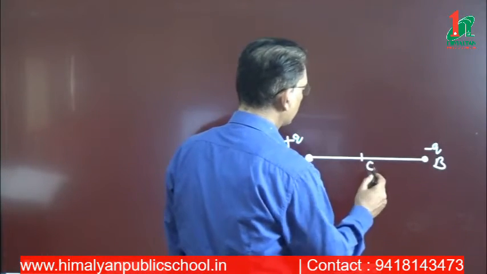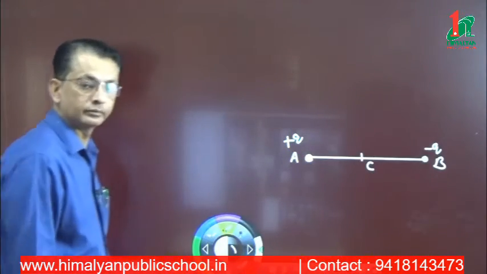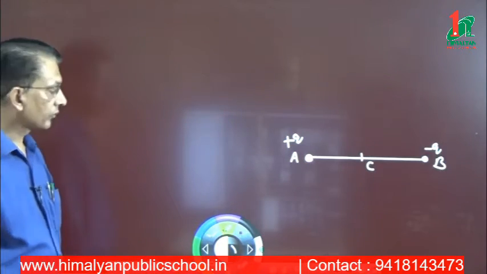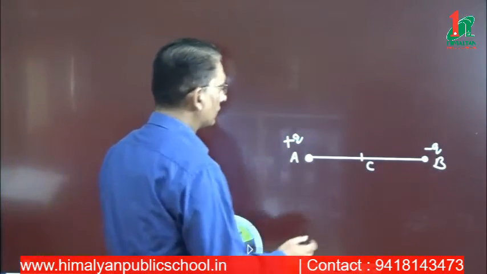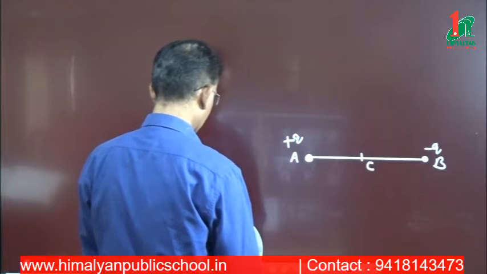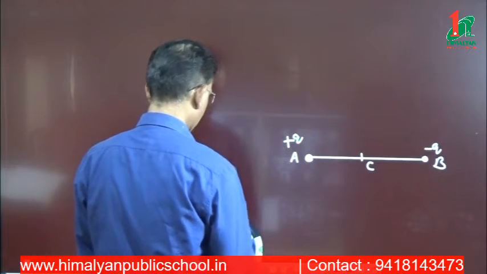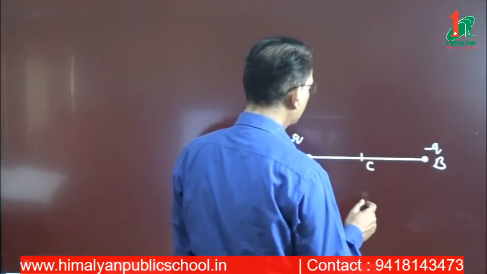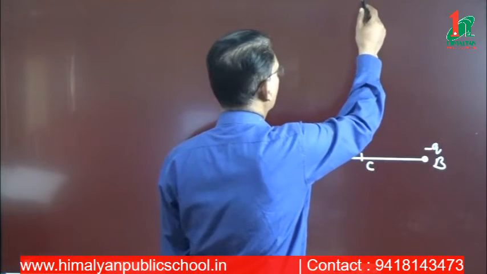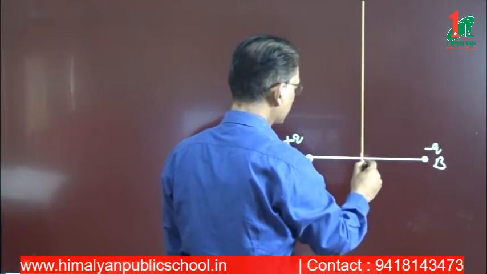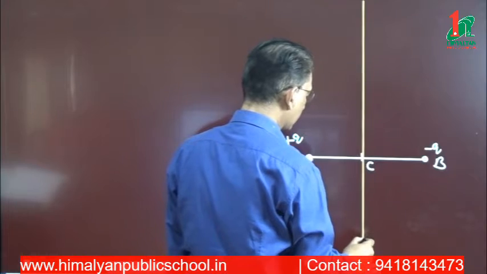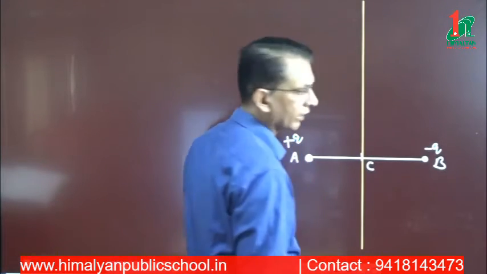This is the center of dipole. This yellow line, a line which is perpendicular to the axial line and passing through the center of dipole, is known as equatorial line.